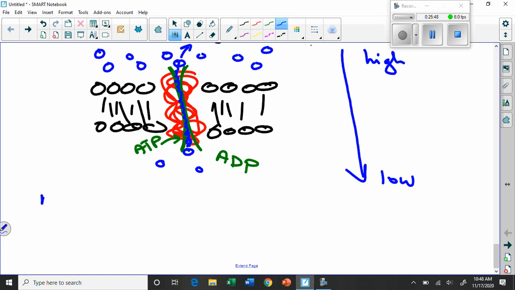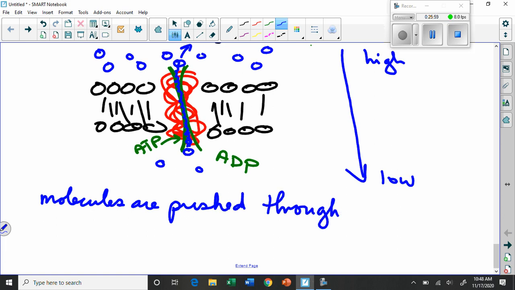So molecules are pushed through gates against the concentration gradient. That's important.